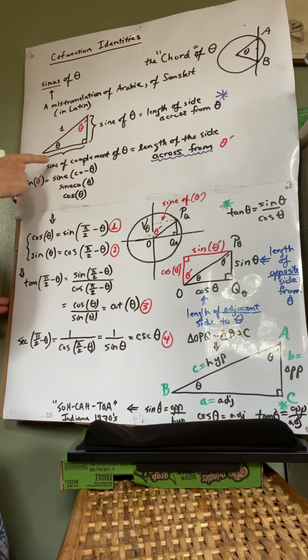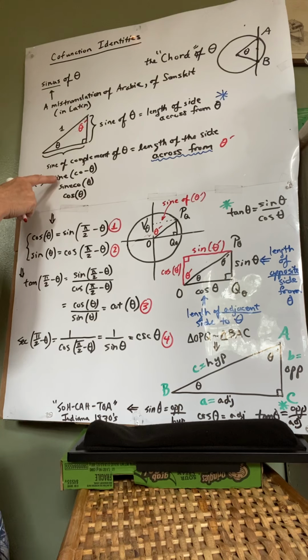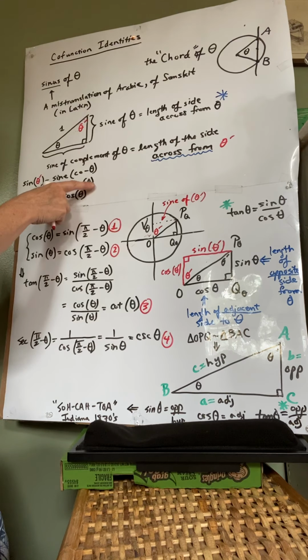What's the length of the side opposite it? So the length of the side opposite is the sine of that angle, so the sine of the complement of theta. There was a while there, we're progressing in hundreds of years here, where it was the sine of the complement of theta, or the sine co of theta.